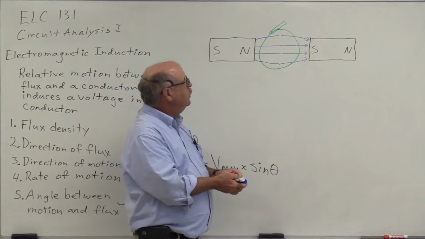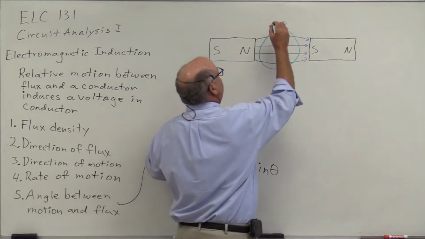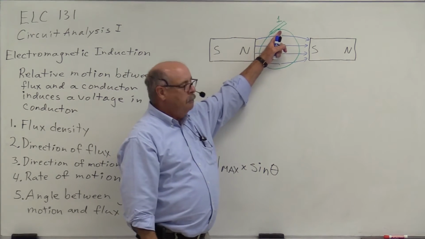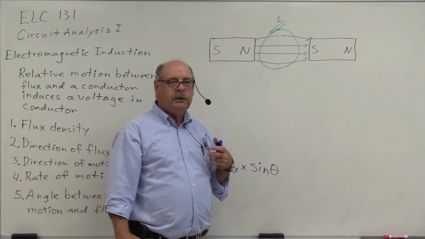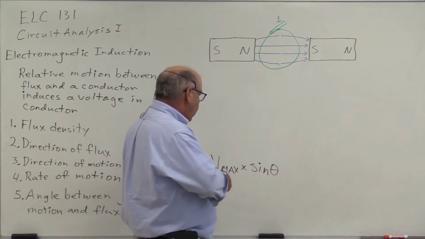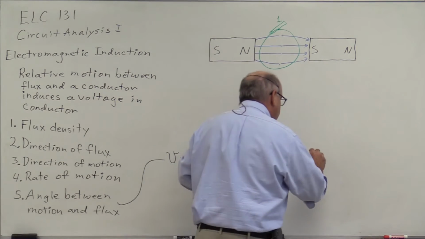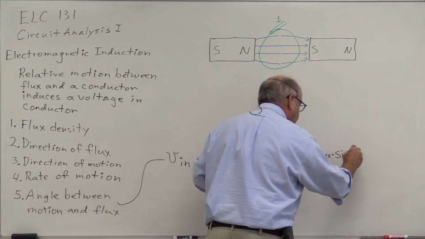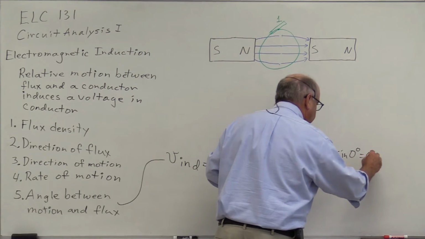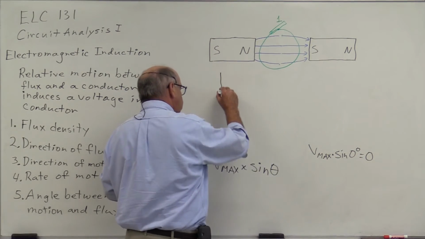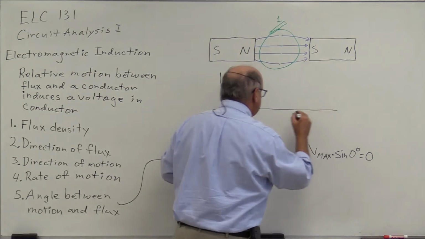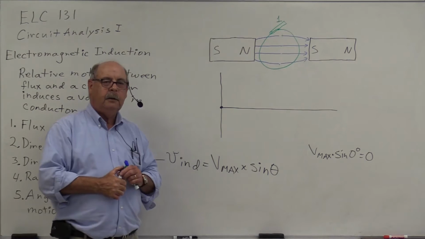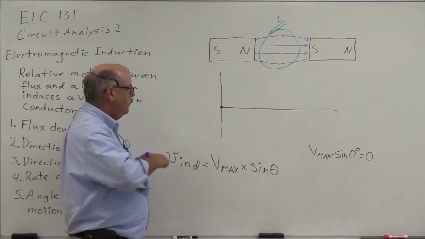Now, at this first point up here, the angle between the motion and the flux is 0 degrees. And V max times the sine of 0 degrees equals 0 volts. So at point number 1, I've got 0 volts.